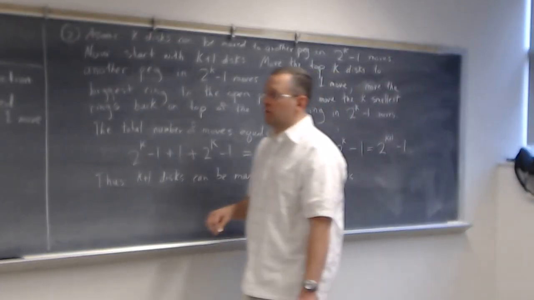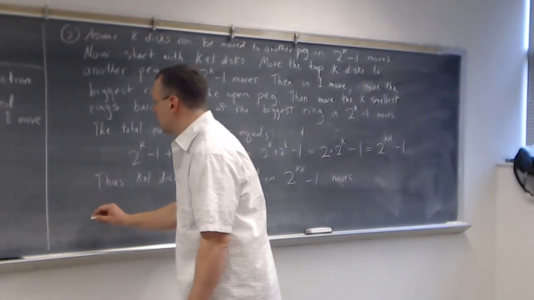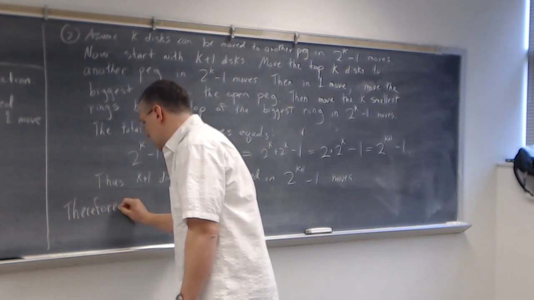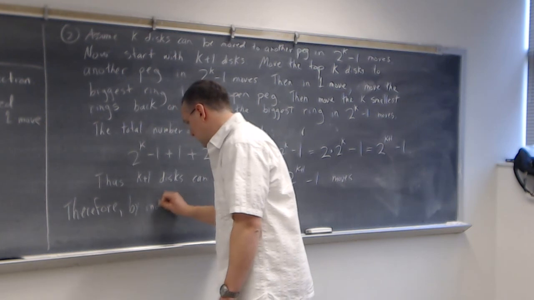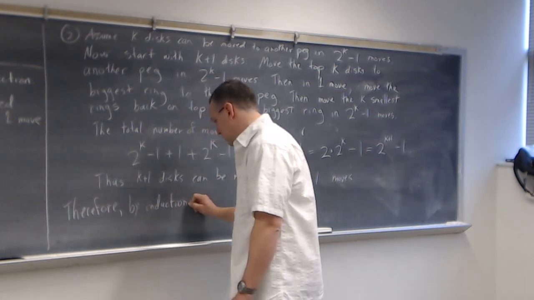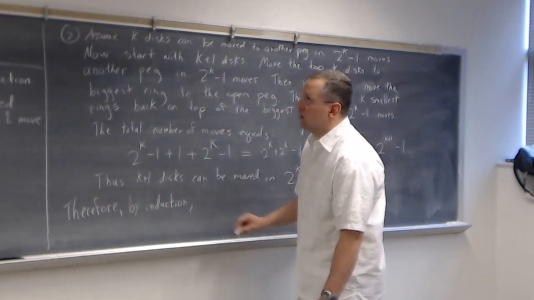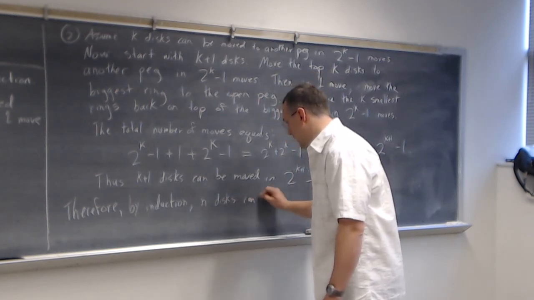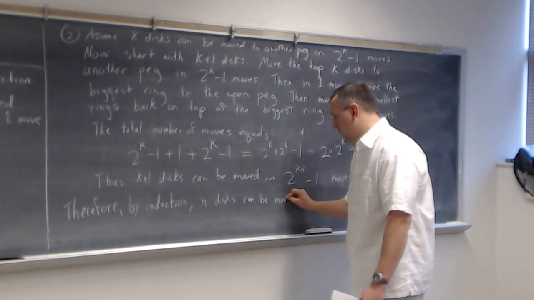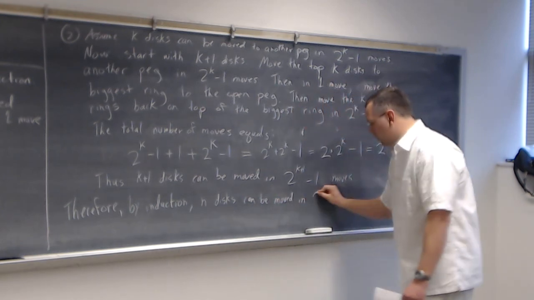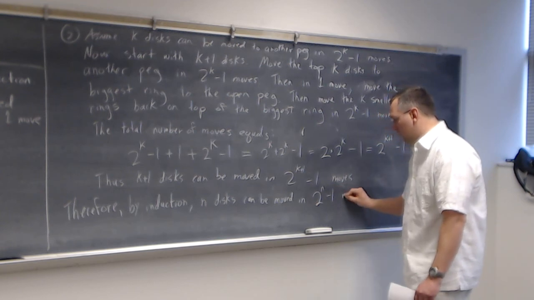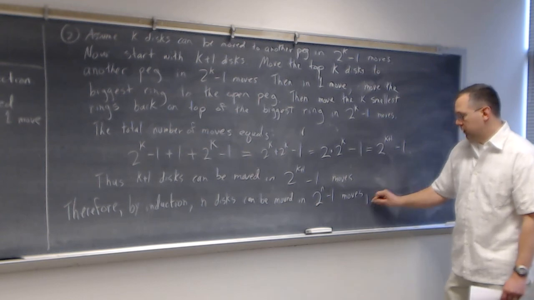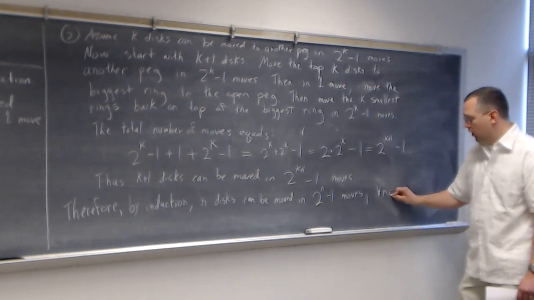Since we proved it was true for k equals 1, we can now conclude, therefore, by induction, n disks can be moved in 2 to the n minus 1 moves, for all natural numbers n.